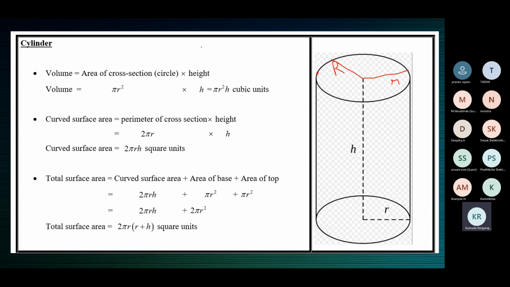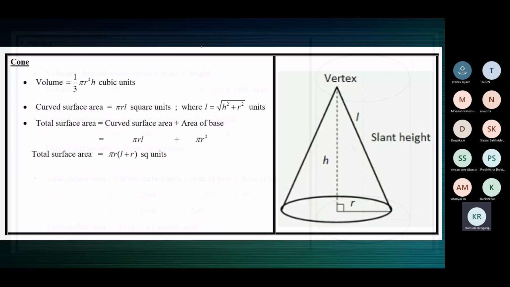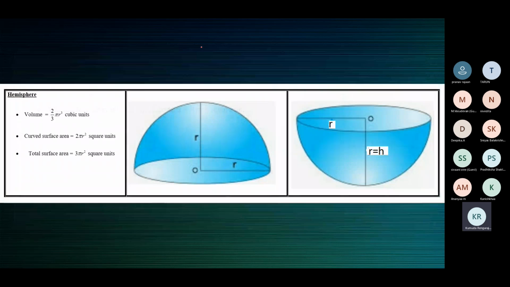But what you see there is the wall of the cylinder is thick. That means the inner radius is smaller than the outer radius.